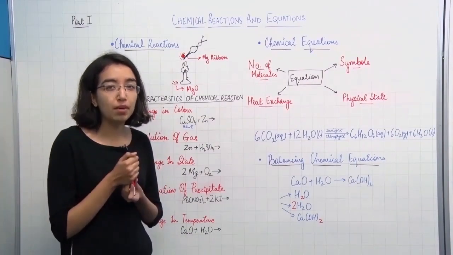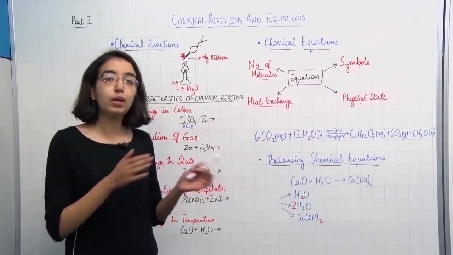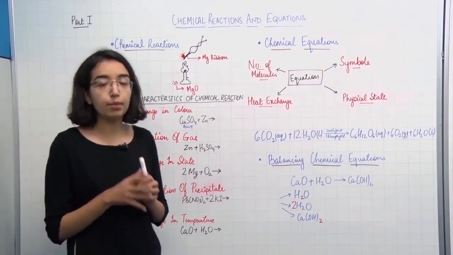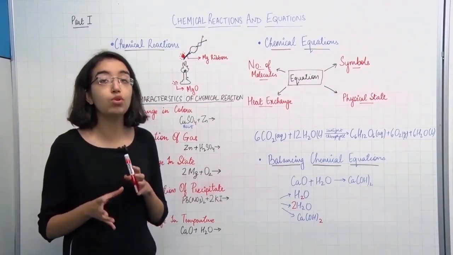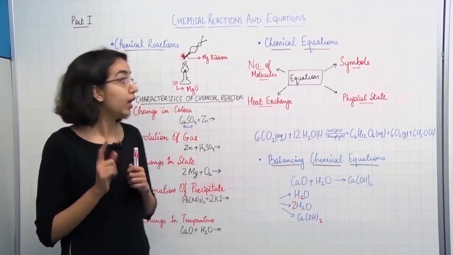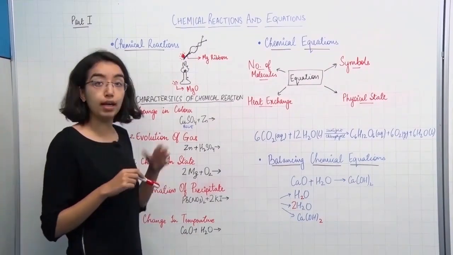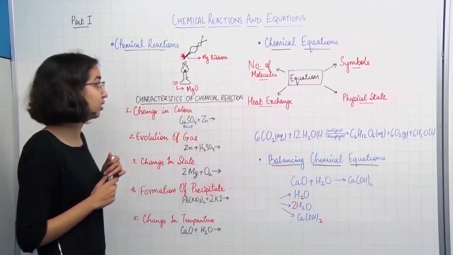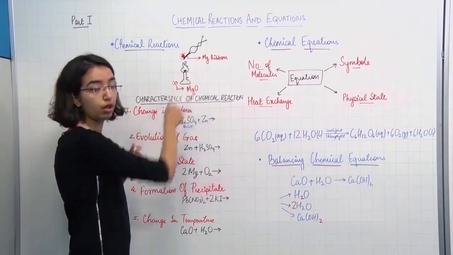It will still have the same color, same properties, but that will not be the case if I am burning a paper. So, to define it, chemical reaction is a process in which a new substance is formed which has new properties. Now, chemical reaction which is there in your book and is also important from examination perspective is burning of a magnesium ribbon.